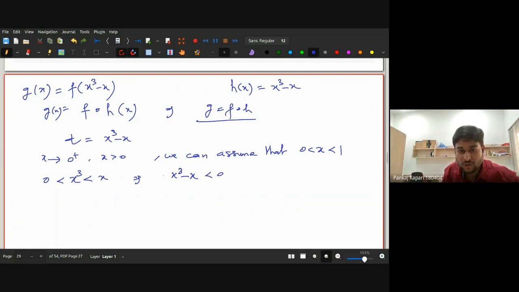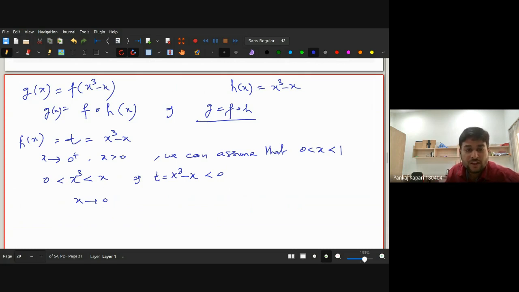That is t, so our t is less than 0. When x approaches 0, t also approaches 0, right? This t is our h of x, so we are first finding the limit of h.